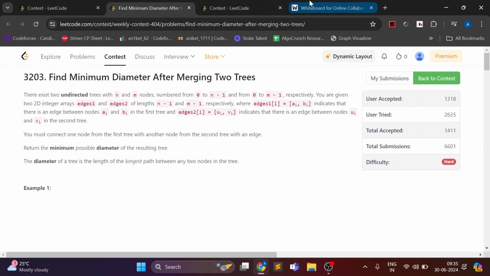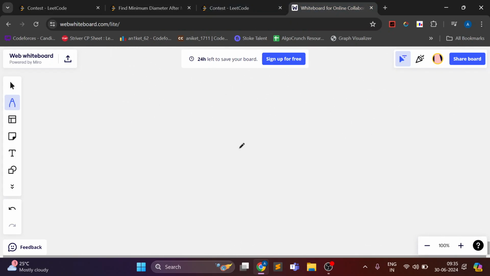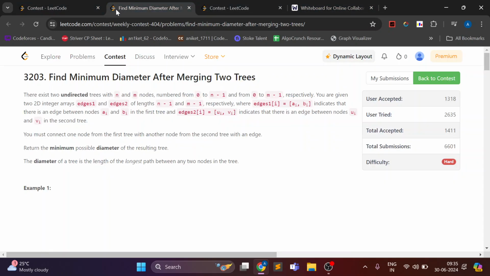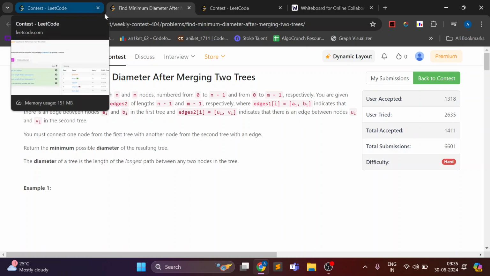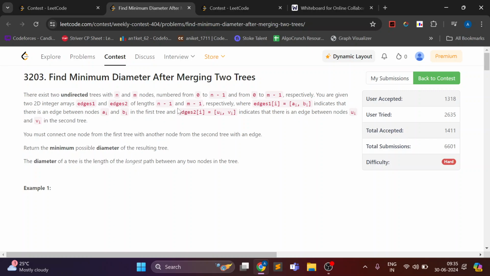So in the fourth question, we are given two undirected trees, and we have to connect one node of the first tree to another node of the second tree with an edge such that the diameter of the resulting tree should be minimum.